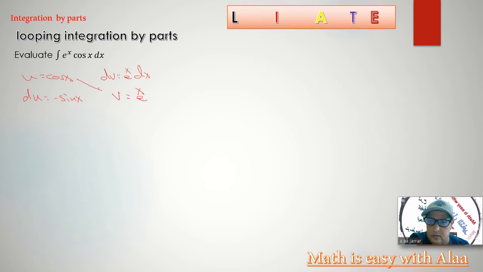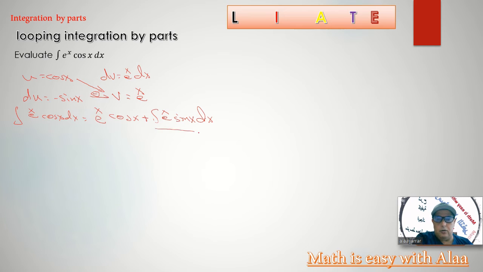Now, multiply u by v, then the integral of e^x cosine x dx equal u times v, e^x cosine x, minus, with minus will be plus, v times du, it will be e^x sine x dx.